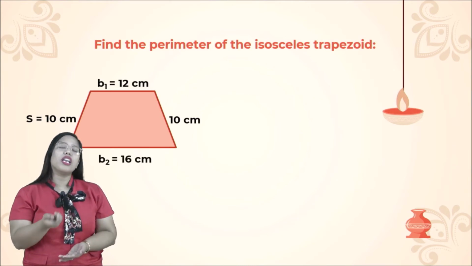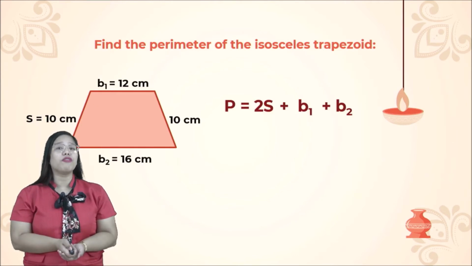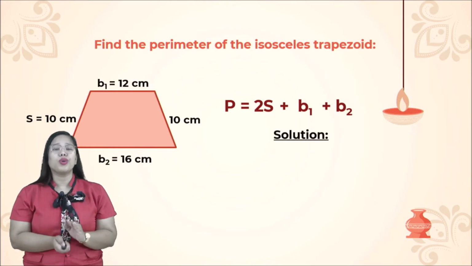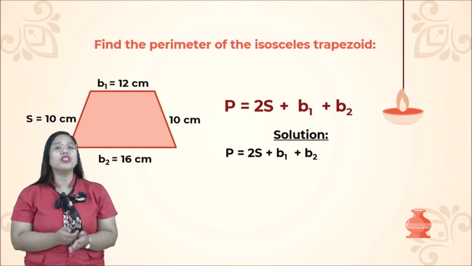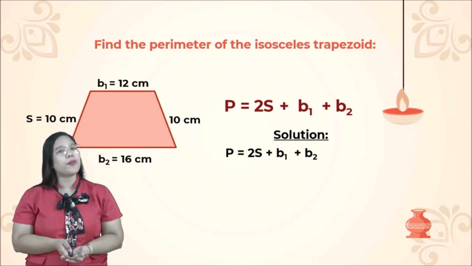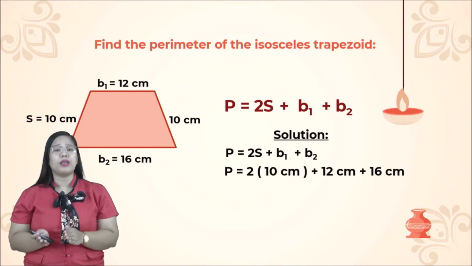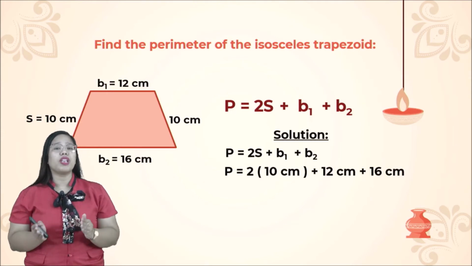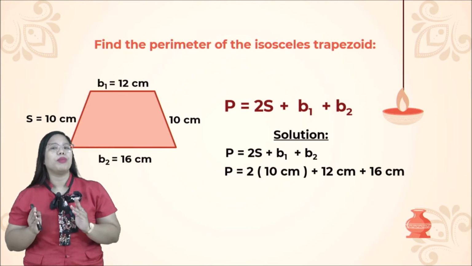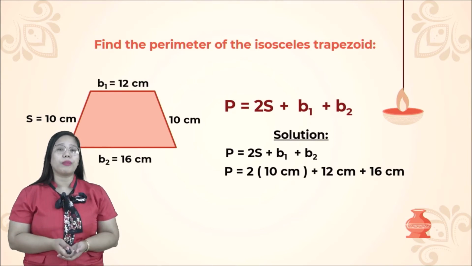So we are now finding the perimeter of this isosceles trapezoid with the formula 2S plus B1 plus B2. We will substitute all the values: 2 times 10 centimeter, which is the measurement of the side, plus B1, which is 12 centimeter, plus 16 centimeter for base 2.